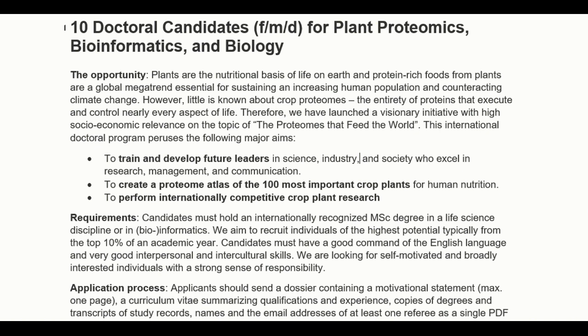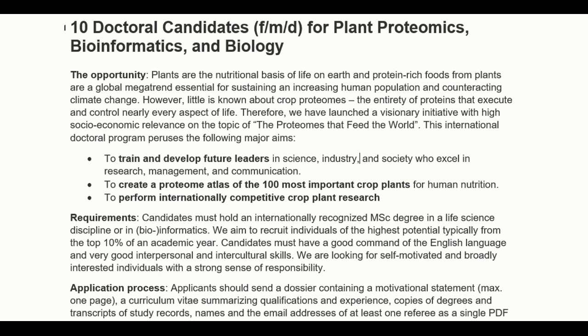So what I can conclude from this introduction is that they want to make crops which are enriched in nutrition, and for that they will target the proteome of plants.